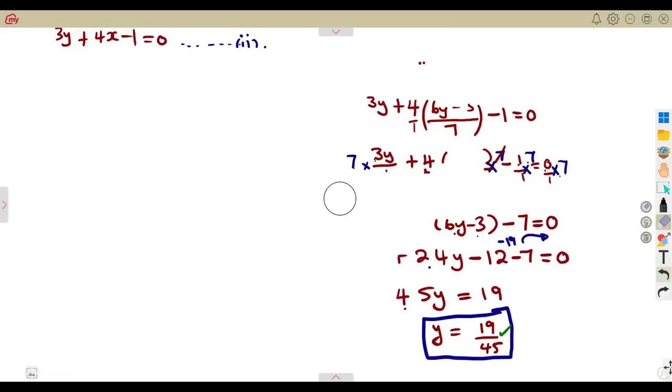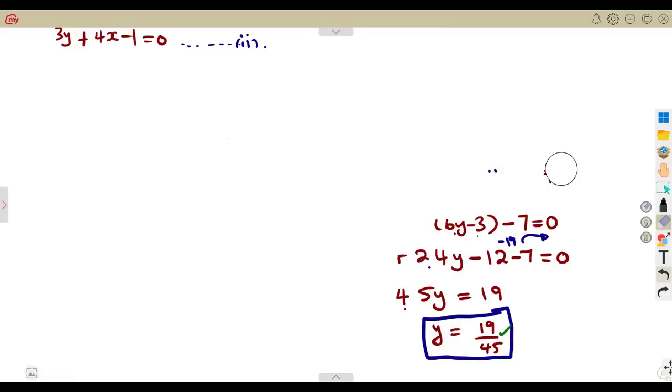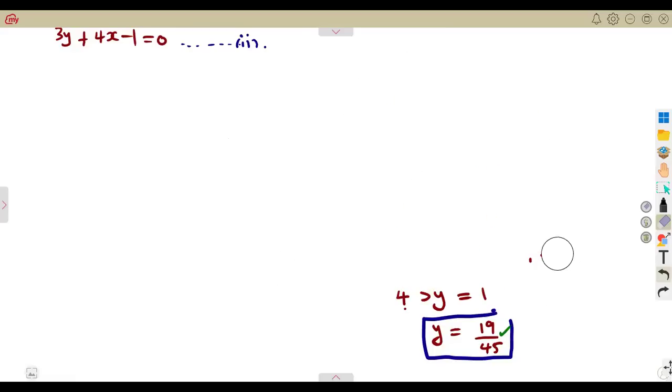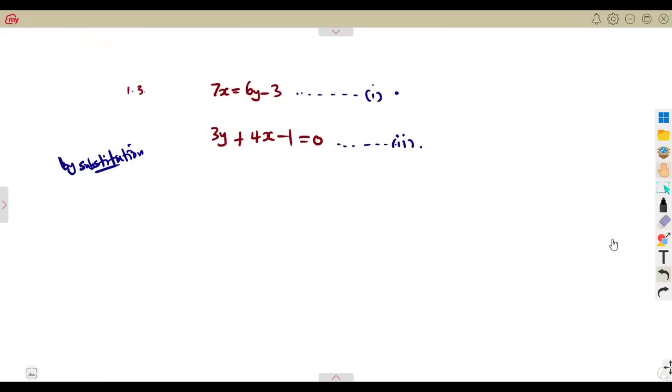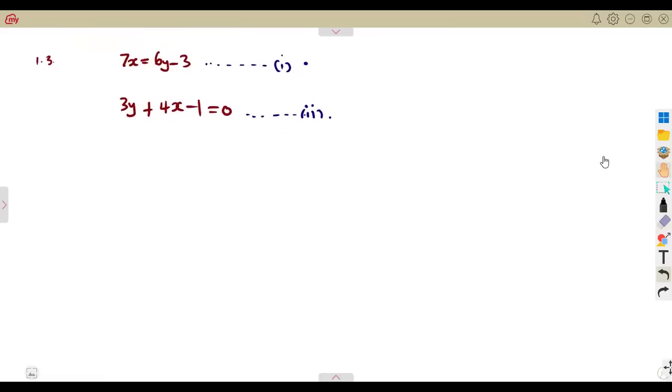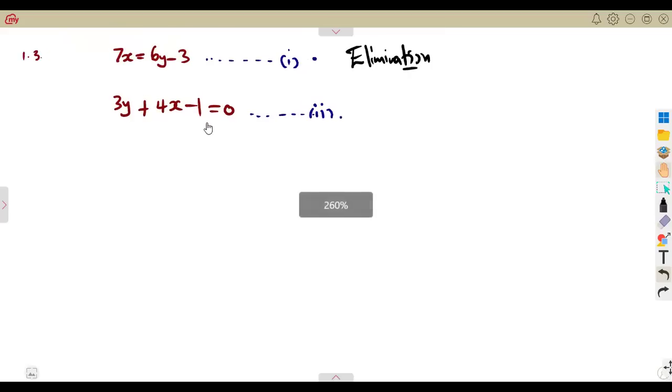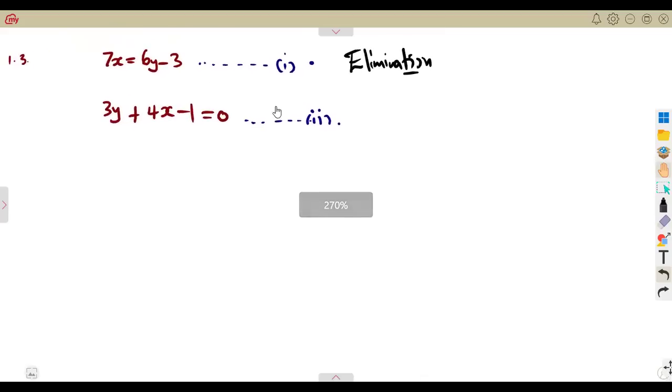Let us see if we are to apply the elimination method, because some of us might be used to the application of the elimination method. So using the elimination method, remember, we need to have our equations in a format where the variables are on one side of the equation.